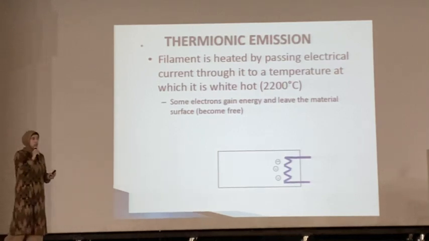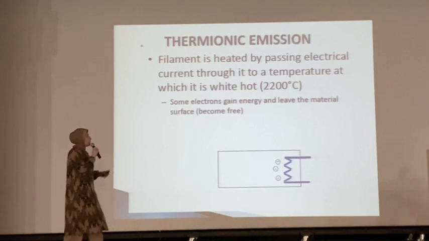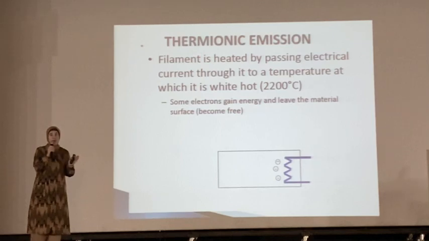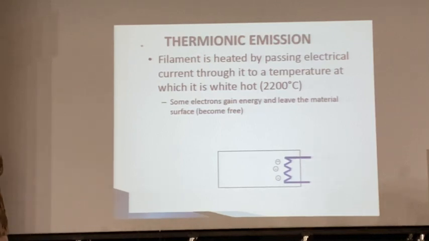There is a process which is called thermionic emission. What is thermionic emission? As I said, we are using the electrical energy to create an X-ray. The process of thermionic emission is passing an electrical current through the filament and increasing the temperature to about 2,200 degrees centigrade. If you were using copper or iron, it would lead to melting.